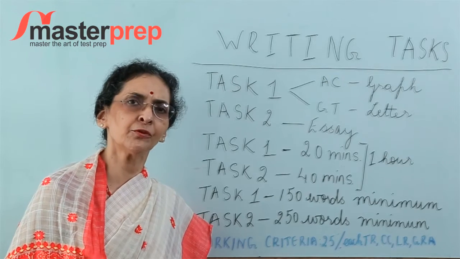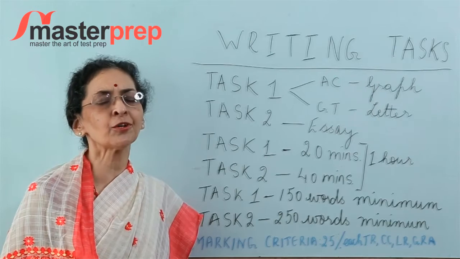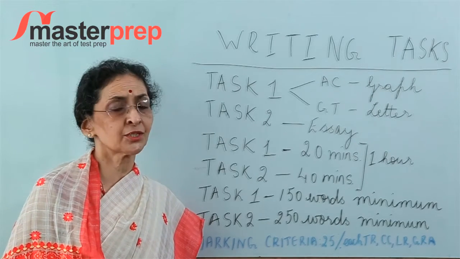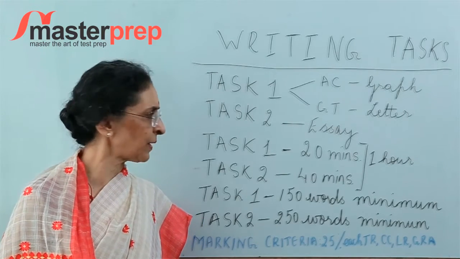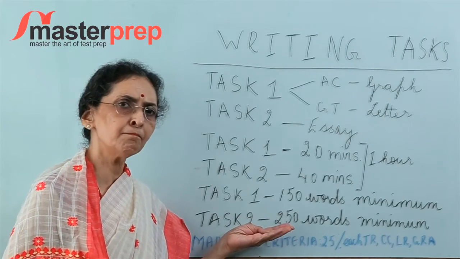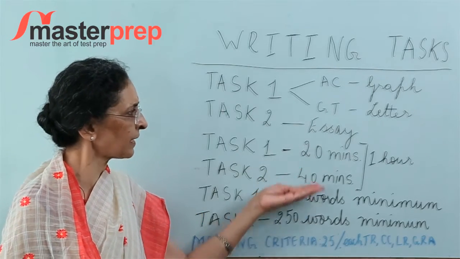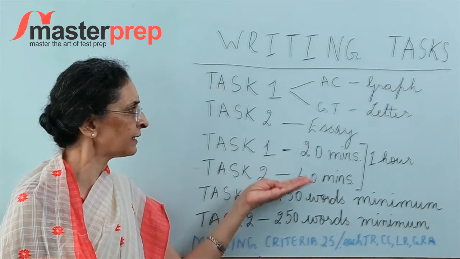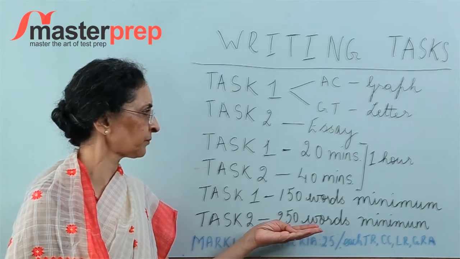That means if you write 140 words or less, you are likely not to get a very high band score. If you write, say, just about 100 words, your band score will definitely go down quite a bit. The same now for task 2. You have to write a minimum of 250 words. So you can see that is why they've given you more time to attempt task 2 and less time to attempt task 1 in comparison.